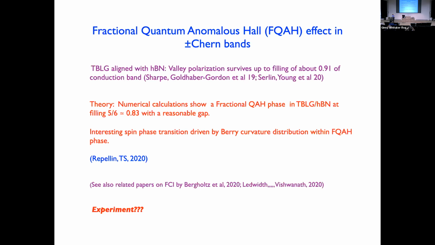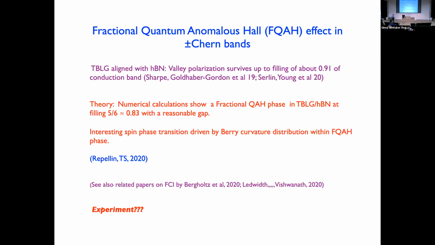And so we tried to do exact diagonalization calculations to address whether, if you fill 1/3, or remove 1/3 holes from the fully filled band, we can get a Laughlin-like fractional quantum Hall state. And indeed, in exact diagonalization, we see that at a filling of 0.83 of the conduction band, we get a fractional quantum Hall state, a fractional quantum anomalous Hall state, with a gap that's reasonable.